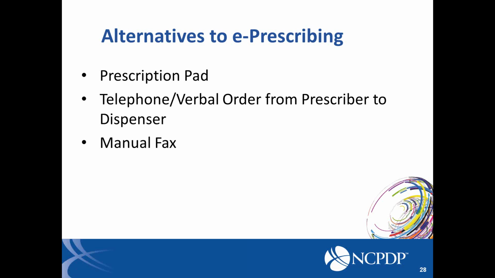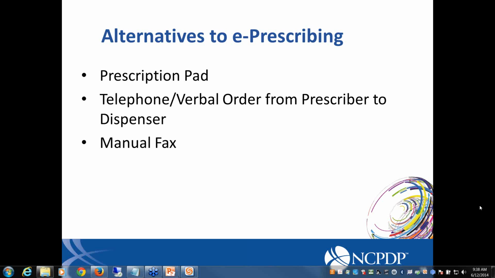So we have alternatives to e-prescribing. There's the traditional prescription pad, and as we saw in some of the slides earlier that Gary was presenting, a lot of the physicians are moving away from the prescription pad. There's the telephone or verbal order from prescriber to dispenser, and then there's manual fax.